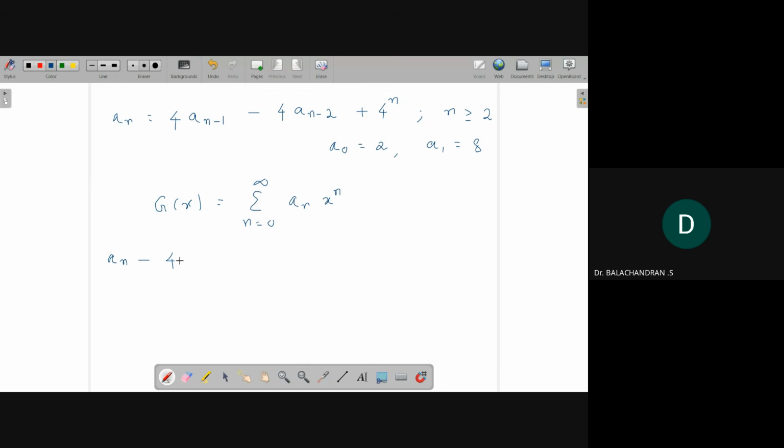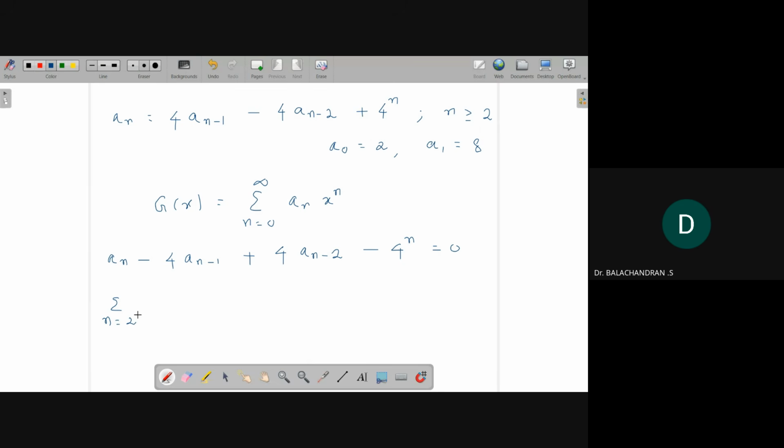So an minus 4 into an minus 1 plus 4 into an minus 2 minus 4 power n equal to 0. Now multiply throughout by x power n and take the summation n equal to 2 to infinity.